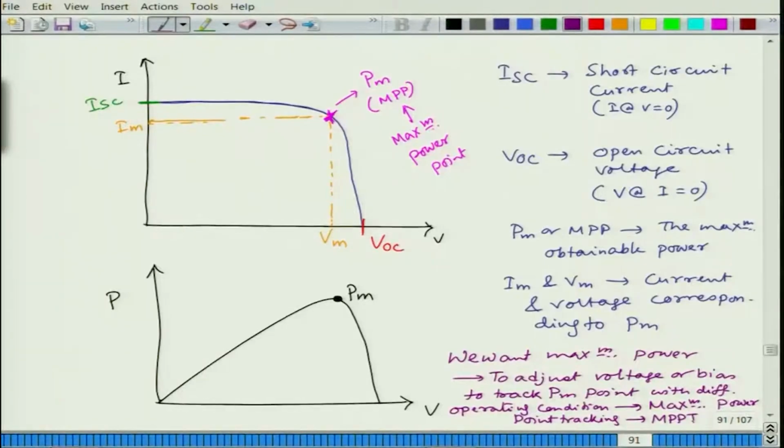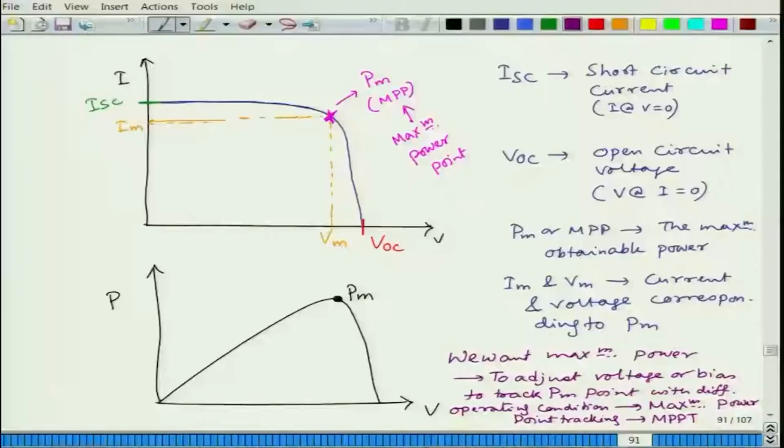Okay. So, you will hear this term if you go into photovoltaics jargon, you will find this term very often, MPPT. MPPT is maximum power point tracking, which is a must for getting the maximum obtainable power from a photovoltaic panel.